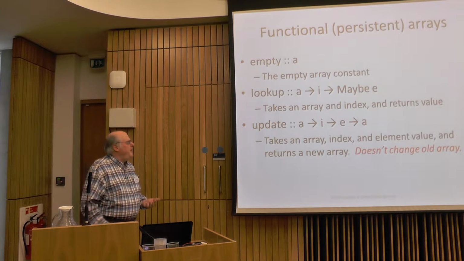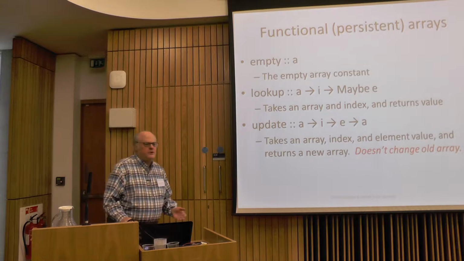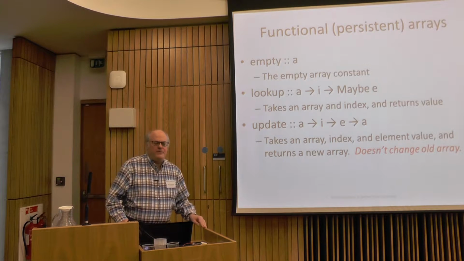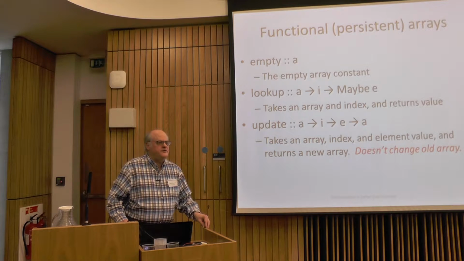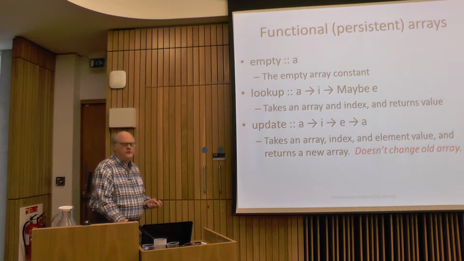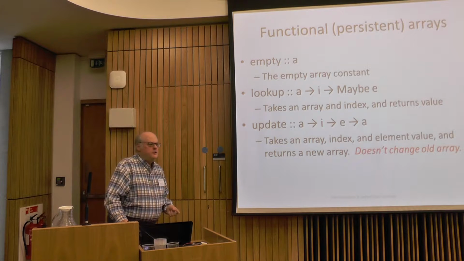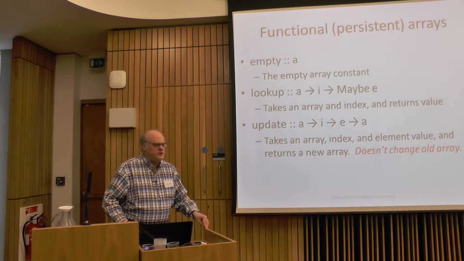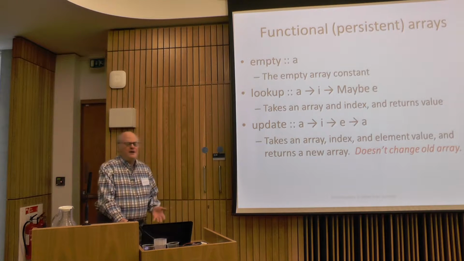And we have a lookup function, so you can look up in an array A at an index I, and you may or may not get back an element at that index. And update is the most interesting one. You can update an array A with an index I and a value, and you'll get back a new array.